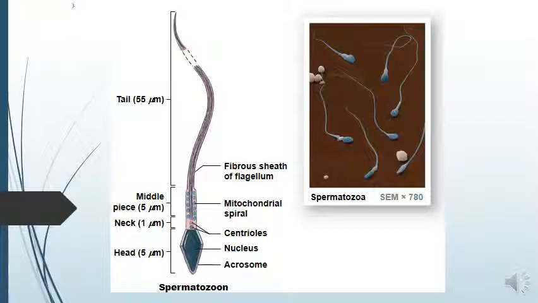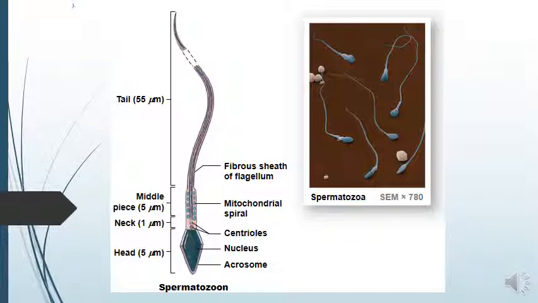This is a slide showing you a spermatozoon, and each spermatozoon has 4 distinct regions: the head, the neck, the middle piece, and the tail. It's the head that contains the nucleus with the densely packed chromosomes. And at the tip, you can see on here, is the acrosome.